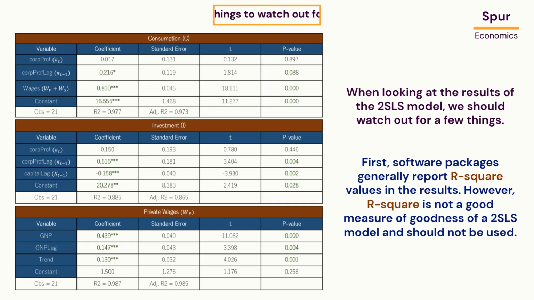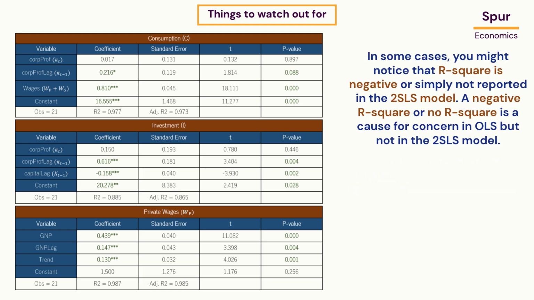When looking at the results of the 2SLS model, we should watch out for a few things. First, software packages generally report R-square values in the results. However, R-square is not a good measure of goodness of a 2SLS model and should not be used. In some cases, you might notice that R-square is negative or simply not reported in the 2SLS model.